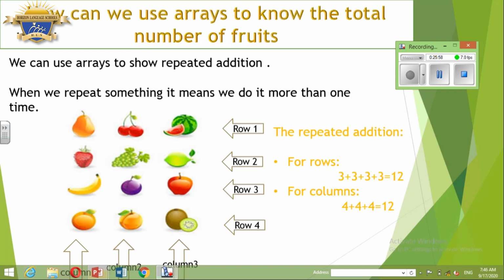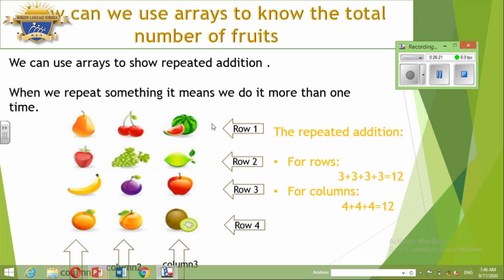So I will repeat number 3, 4 times. So 3 plus 3 plus 3 plus 3. Okay, so I have 12 fruits in the whole array.